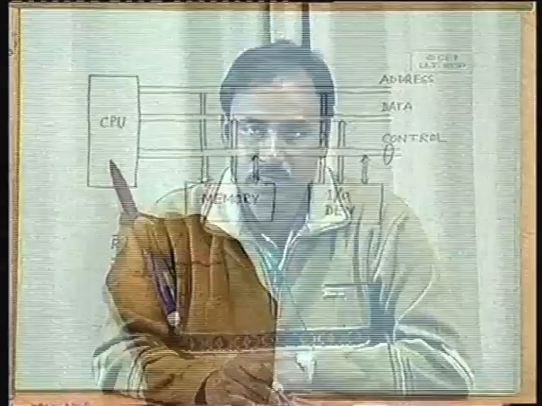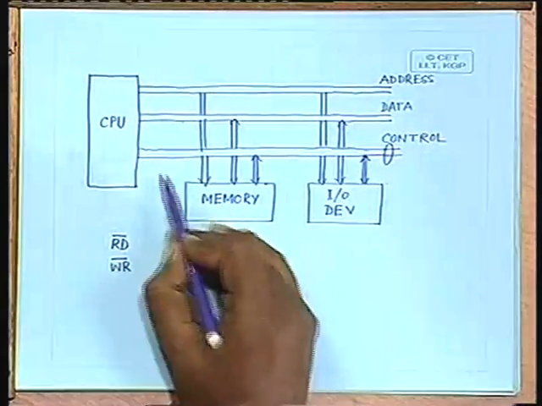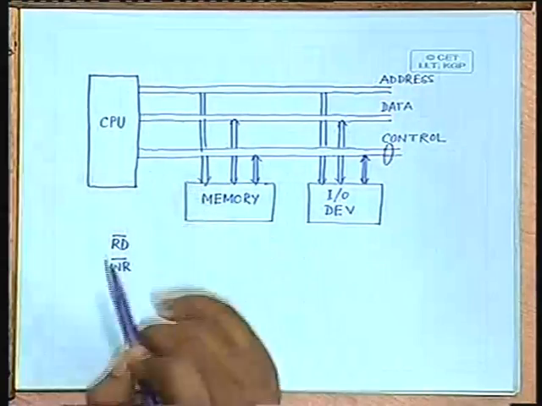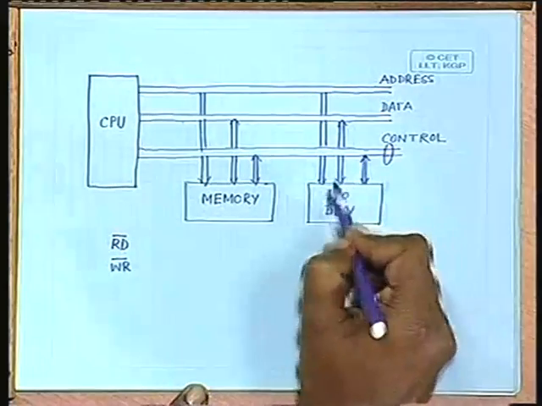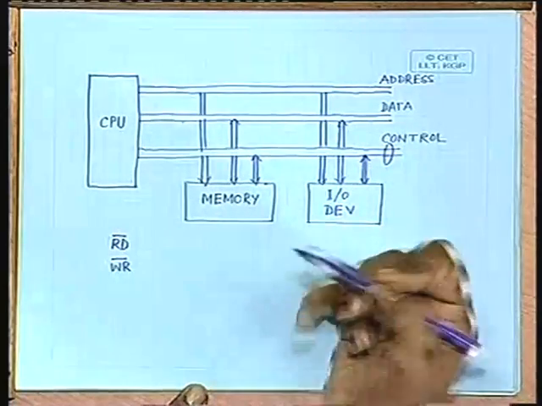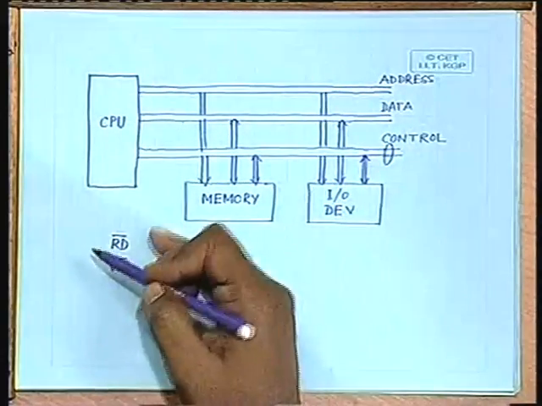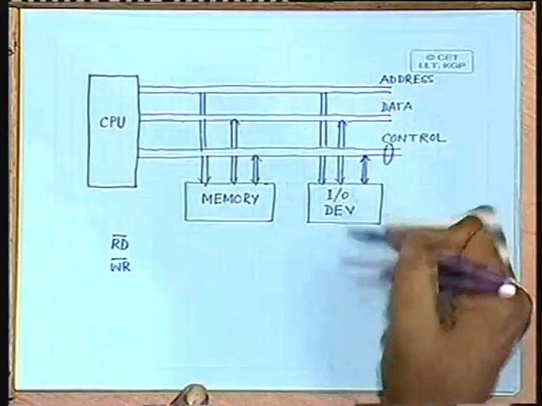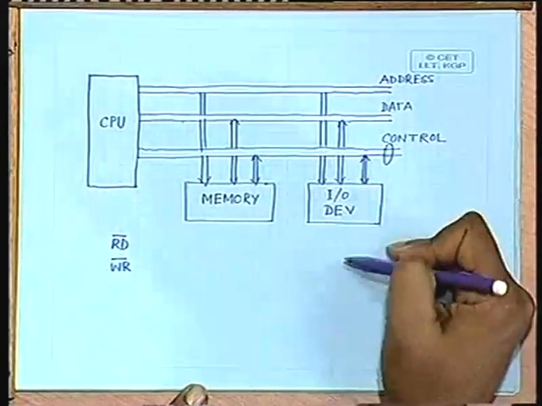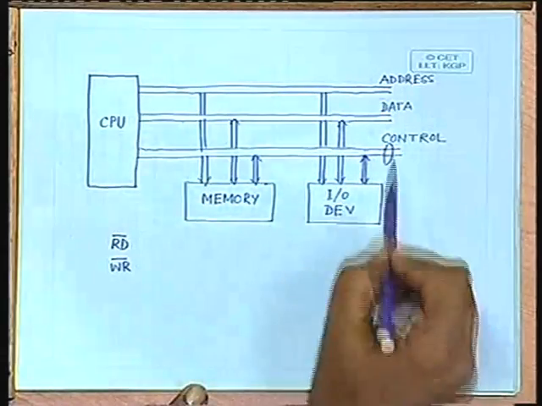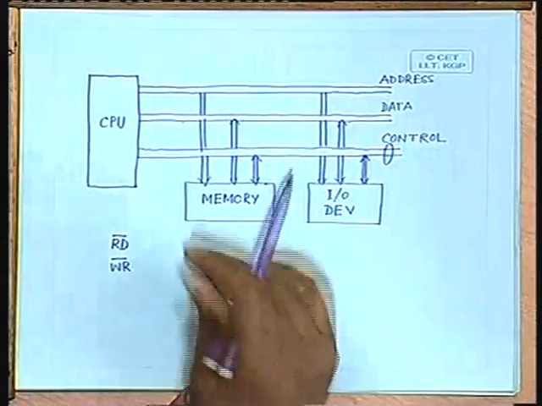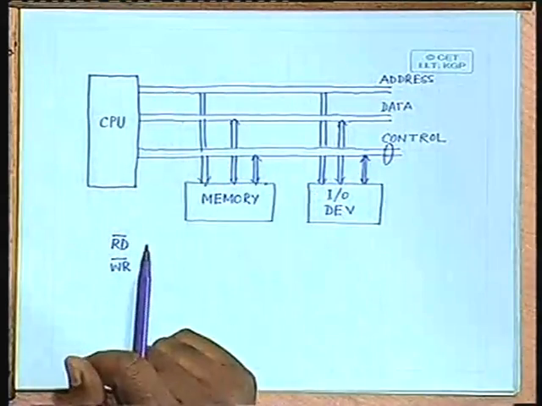We must have some memory unit interfaced to the CPU, where the data can be saved or the data can be read from the memory, and we must have some input output devices to feed some data to the CPU for processing, or to get the output from the CPU or the processed data from the CPU. So, when we have these three interfaced together, what we have is a basic computer.